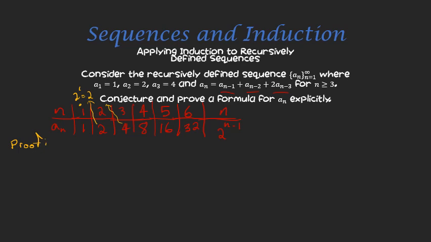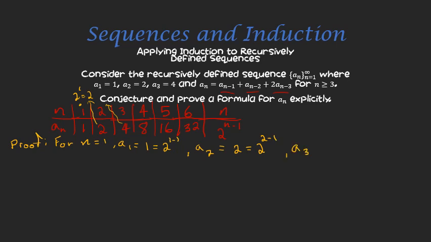So again, for a base, for n equals 1, a sub 1 equals 1, which is the same thing as 2 to the 1 minus 1. A sub 2 is 2, which is the same thing as 2 to the 2 minus 1.